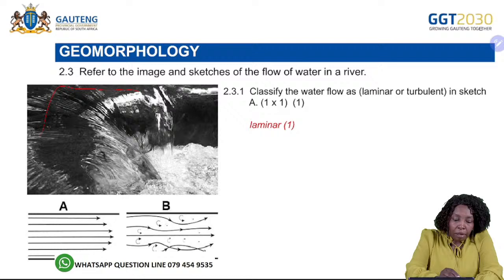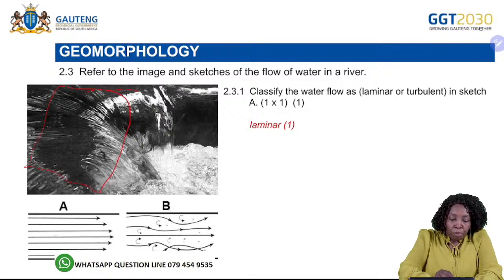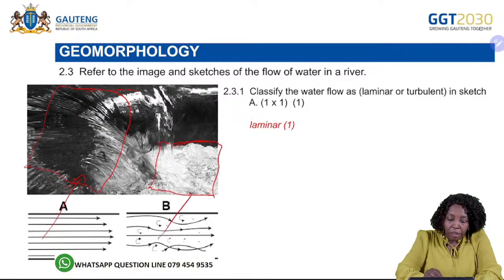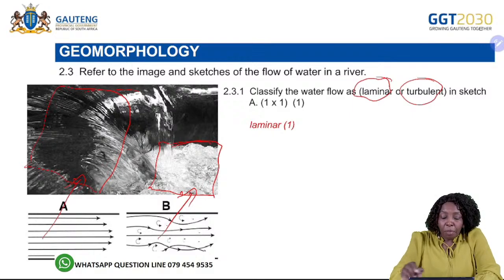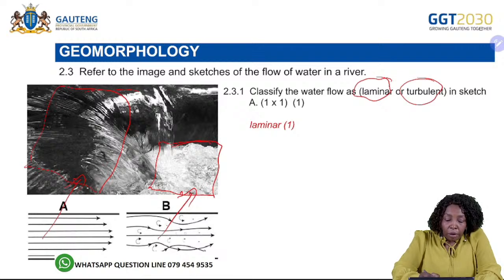So here it would be linked to this, and this part of the diagram would be linked to that. So we've got two types of flows here, which are laminar and turbulent.